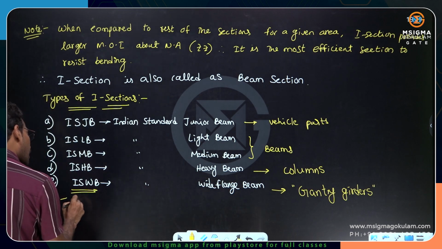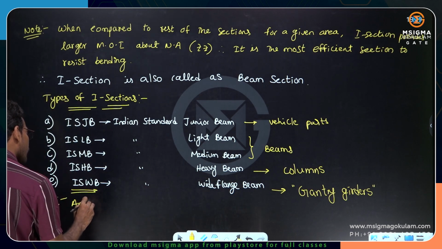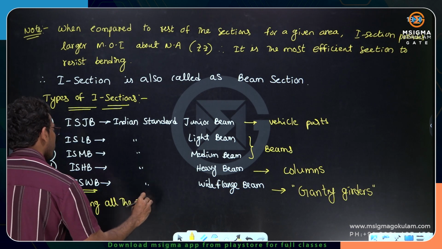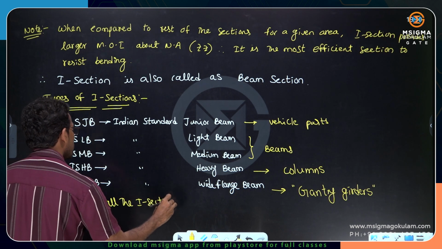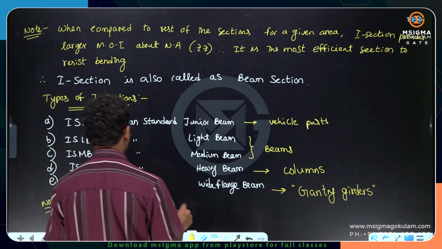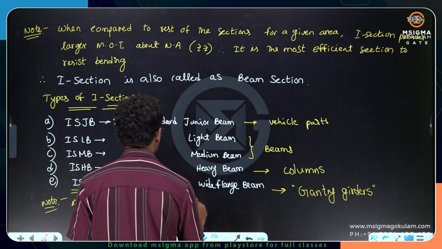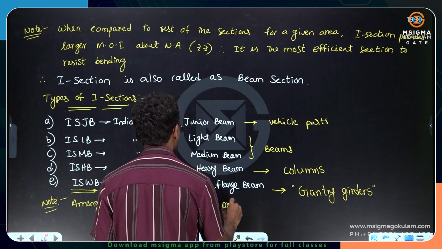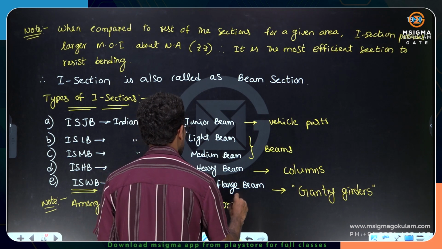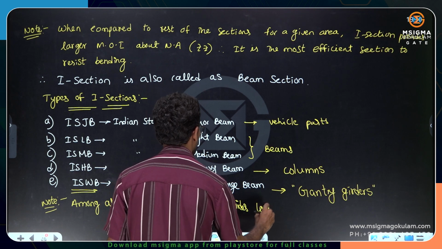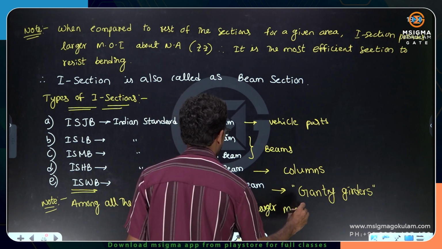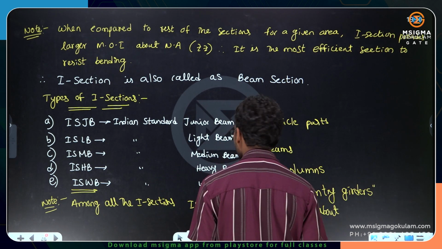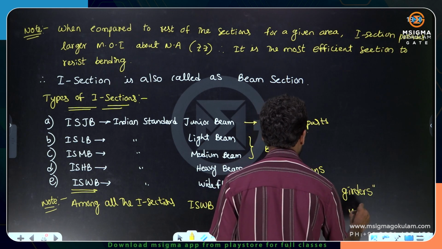So, among all the I sections, ISWB, Indian Standard Wide Flange Beam, provides larger moment of inertia about YY axis.